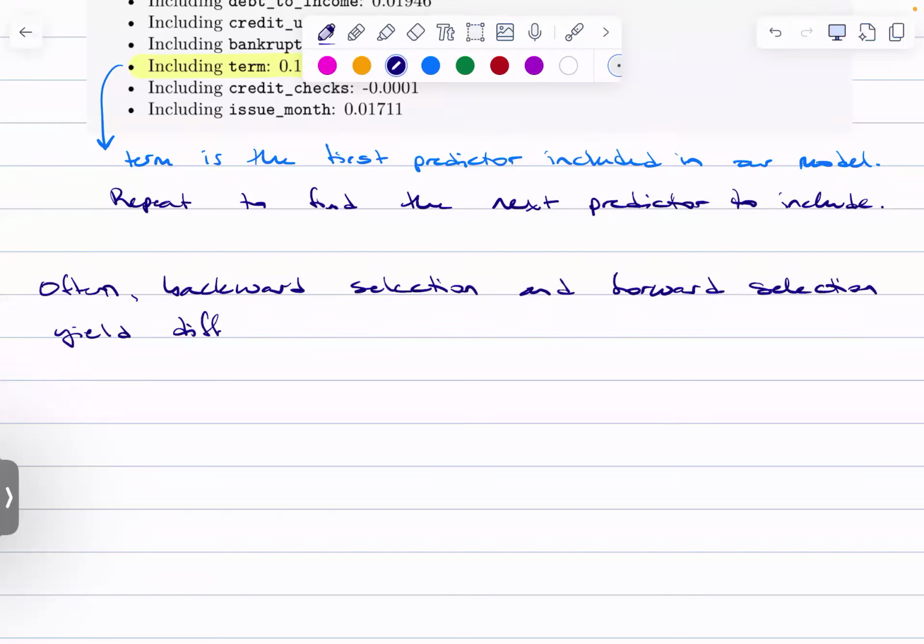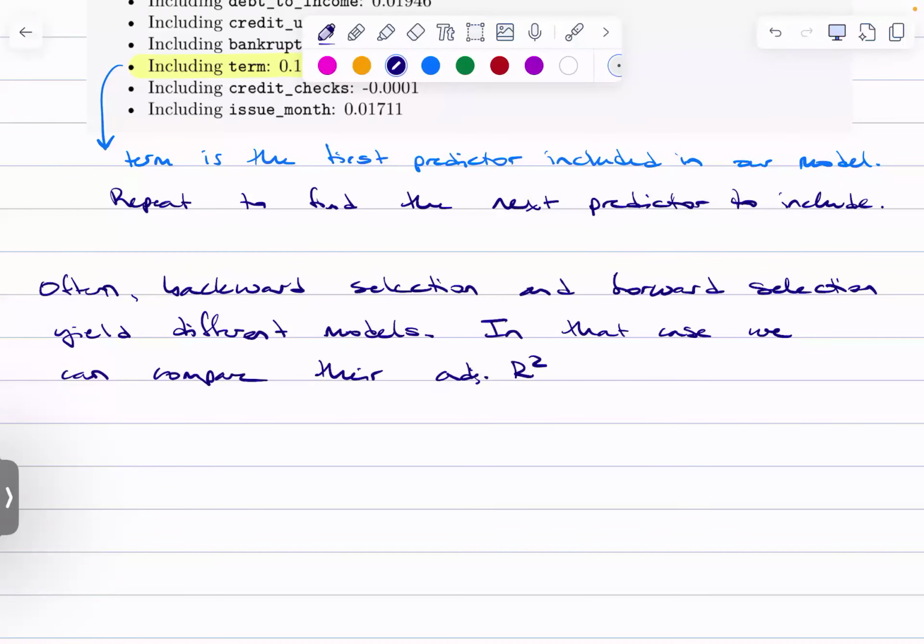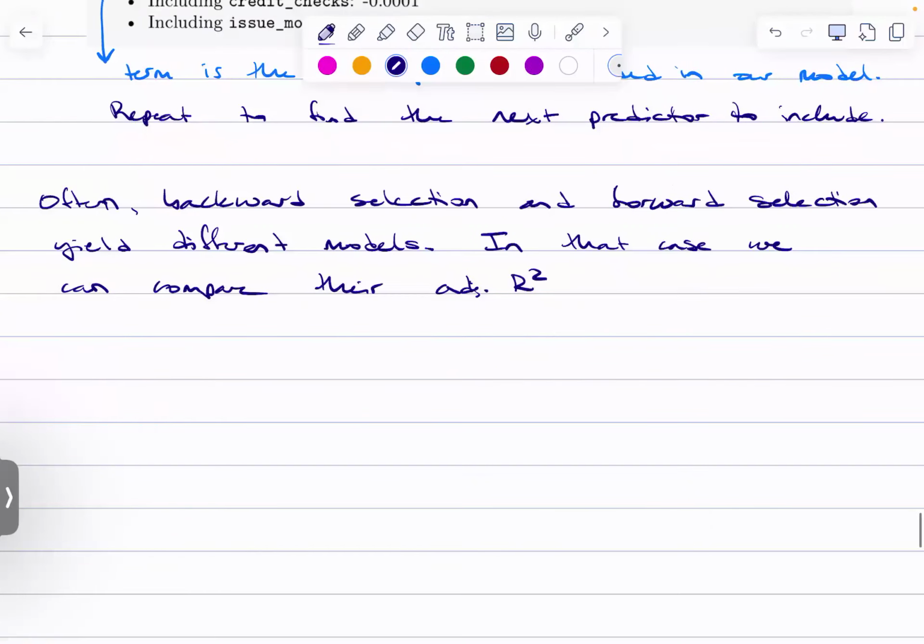In that case, we can compare their adjusted R-squared and pick the highest one.